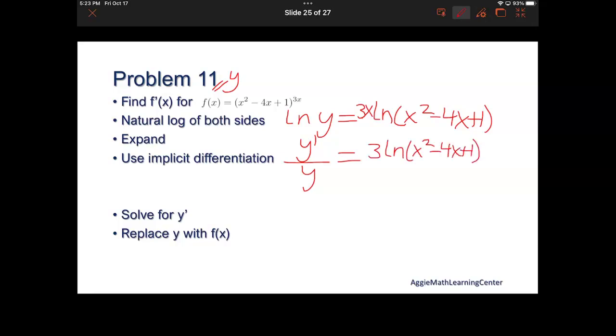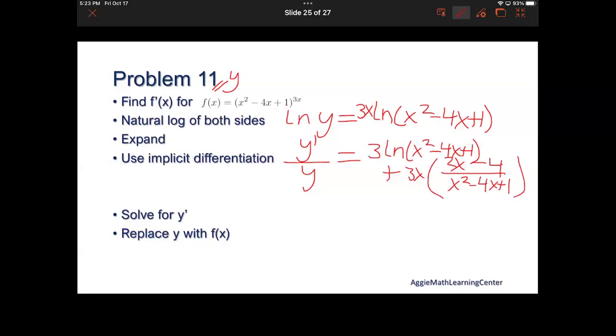And then on this right side, we're going to get 3 ln of x squared minus 4x plus 1, plus 3x times the derivative of the inside divided by x squared minus 4x plus 1, so we put the derivative up top, 2x minus 4.